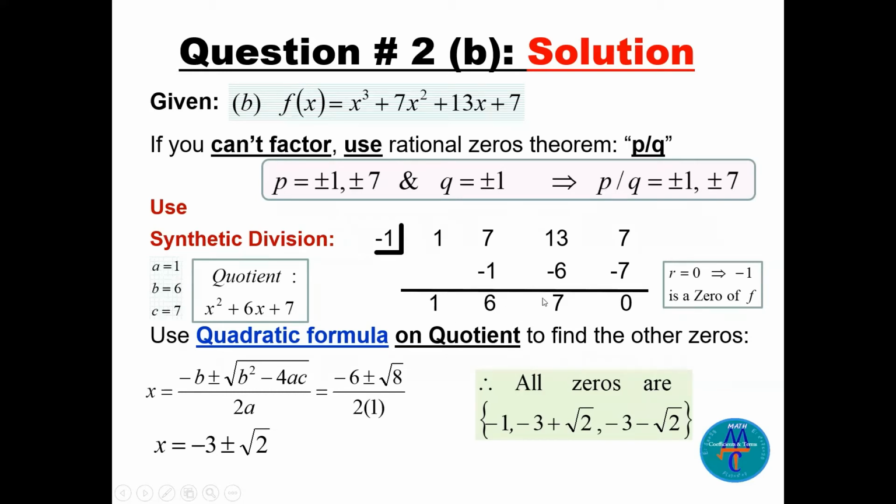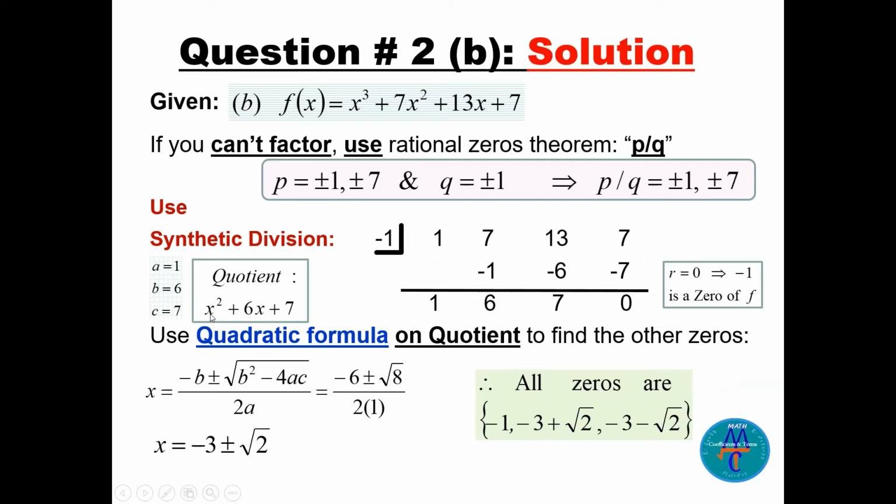So we can take now the quotient. This is what's left, because we have 3 zeros there from the cube. We have found one of them, minus 1. So now the quotient will be x squared plus 6x plus 7. If you can factor this, you factor it. But if you cannot factor, like this question, you have to use the quadratic formula, which is minus b plus or minus the square root of b squared minus 4ac, divided by 2a.